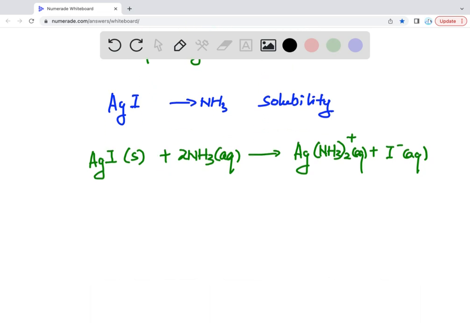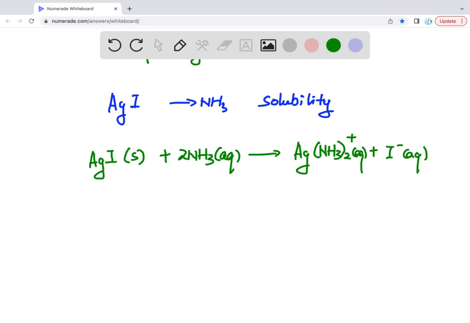It tells you right here the concentration of the ammonia is given in the equilibrium state, when you have about 2 moles. So we need to use this to calculate the solubility.